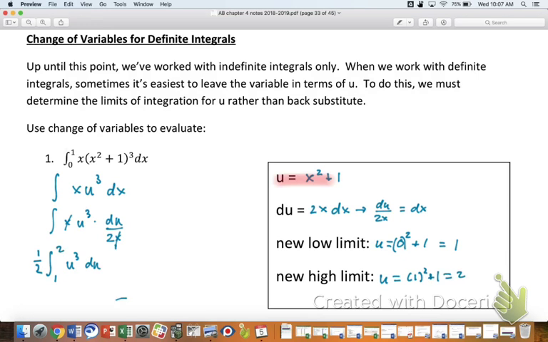So there we go. All right, so what we've done here is we have converted everything over to u's. The integrand, the differential, the limits of integration, everything is u's, and we're going to leave them in terms of u. This is an equivalent expression, and so I'm going to find my antiderivative. So it'd be 1/2 times 1/4 u to the 4th. I'm going to evaluate that from u equals 1 to u equals 2.